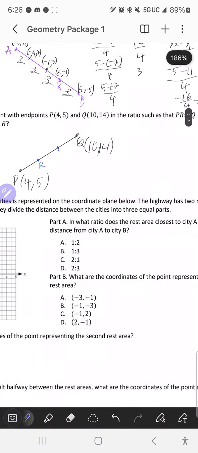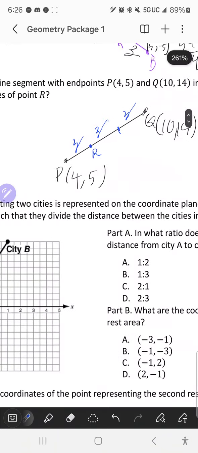Now we keep using the same procedure, x2 minus x1 divided by 3 in this case because there are 3 little segments in total, like 3 C's, as I like to call them. And x2 in this case is 10 minus 4 divided by 3, 6 divided by 3, which is 2. So the change in the x is going to be positive 2. So this is going to be 4 plus 2, 6, plus 2, 8, plus 2, 10 that we already had.